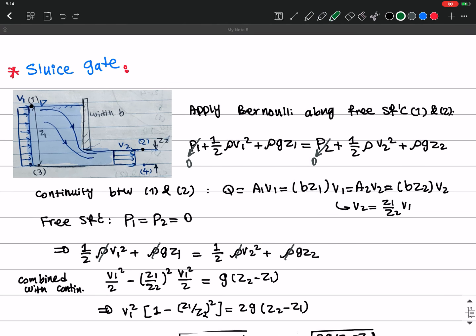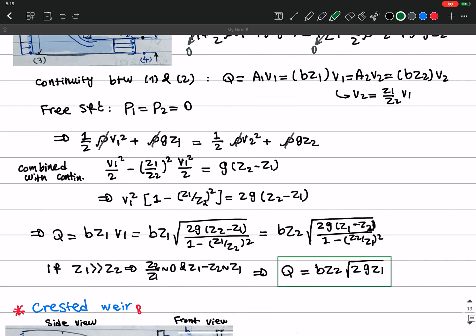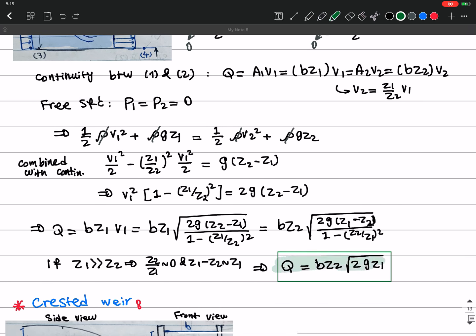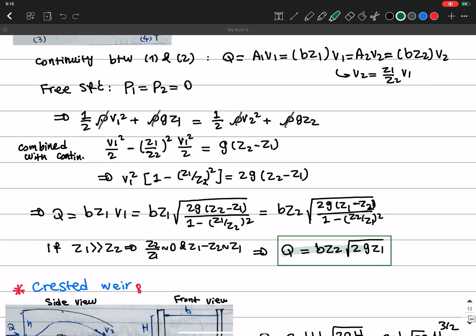Finally, we can use the Bernoulli equation in some real hydraulic structures to find the mass flow rate or volume flow rate. We used that for the sluice gate as an example. We applied the Bernoulli equation between point 1 and 2, combined it with the continuity equation, and found the flow rate coming out of this sluice gate as shown here.